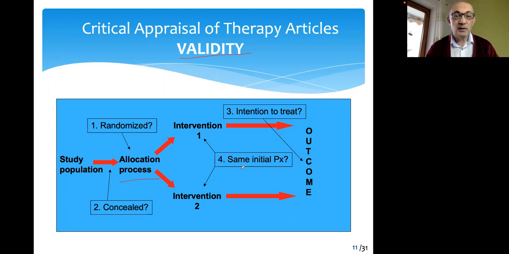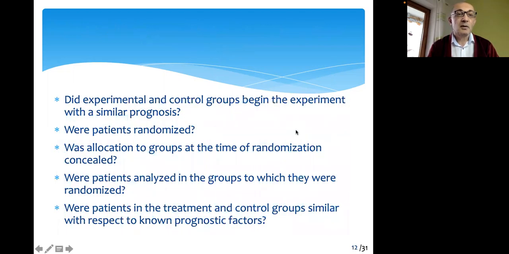So the initial patient profiles should be similar in the two groups. Did experimental and control groups begin the experiment with similar prognosis?